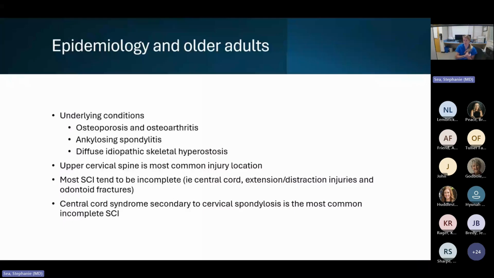We'll go into a little more detail on all of these a little bit later, but those are the most common for the elderly. And again, central cord secondary to cervical spondylosis is the absolute most common one. And I know you guys have seen it, and we've actually had several patients here with central cord.